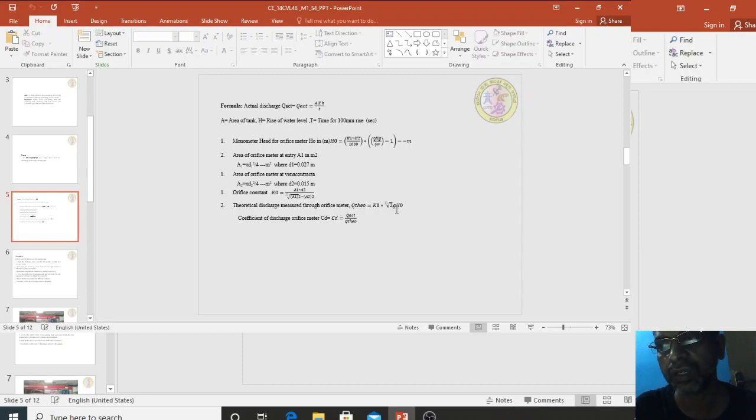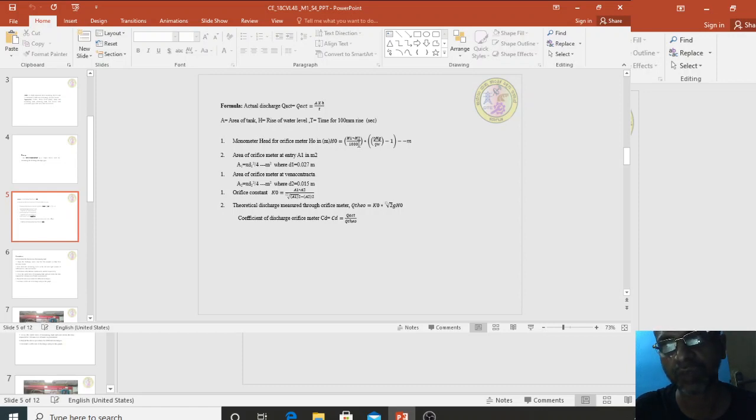Next, g is the acceleration due to gravity, which is known to us, and H0 we have to calculate. What is meant by H0? H0 is nothing but the manometer head for the orifice.